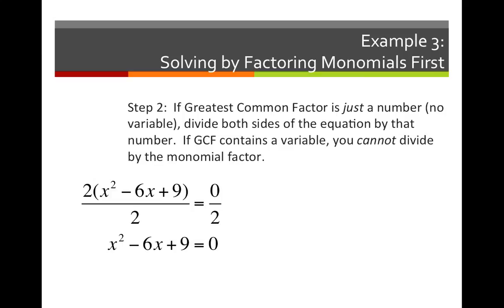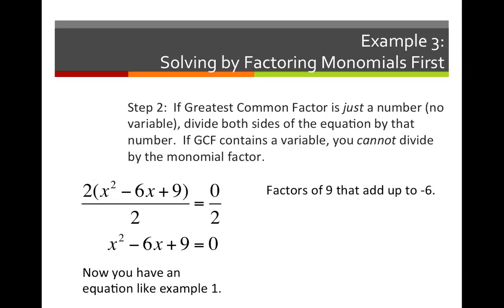So now we're just looking at x squared minus 6x plus 9 being equal to 0, and now it looks like the examples we were just working on. We're going to figure out the factors of 9 that add up to negative 6, make factors out of them, and then solve each one for 0.